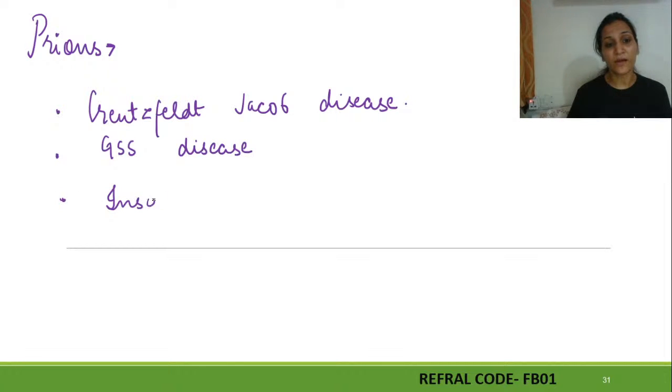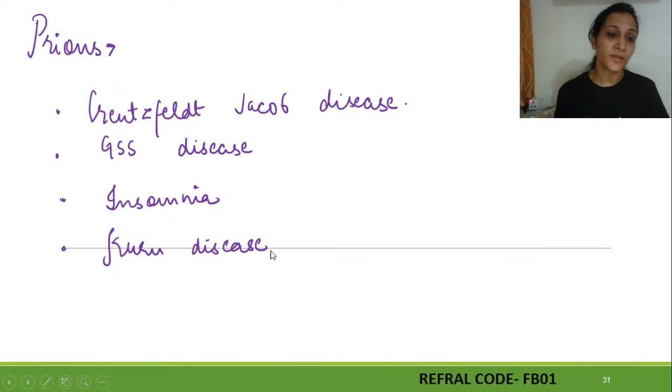Then insomnia is because of prion accumulation. And the Kuru disease is because of prions. Right? So these four things you need to remember well: Creutzfeldt-Jakob, GSS, insomnia, and Kuru.